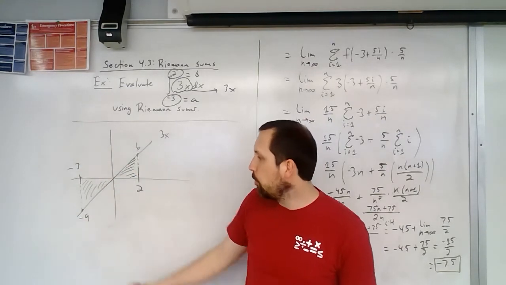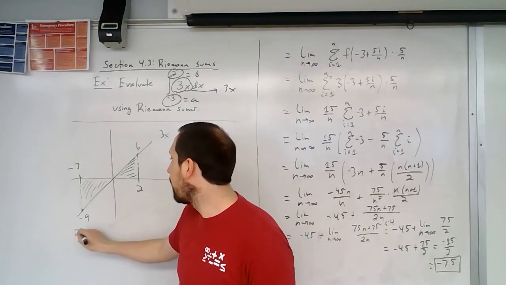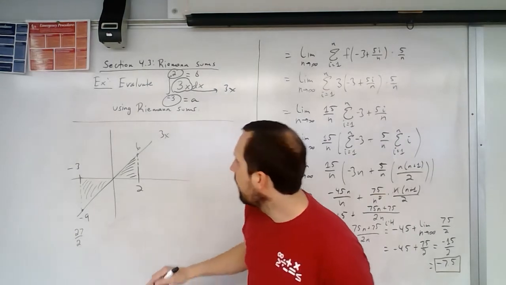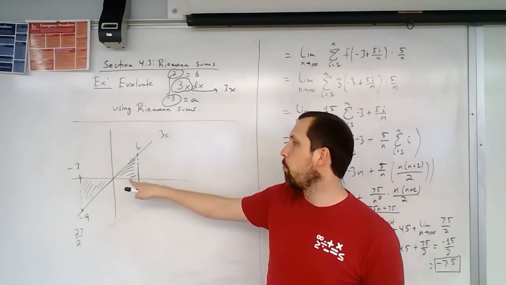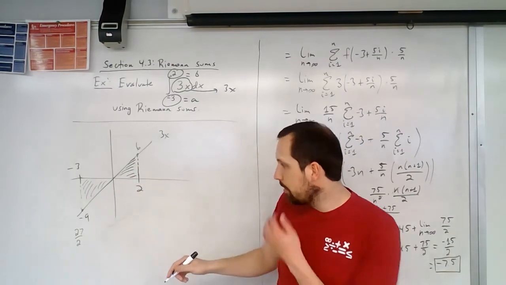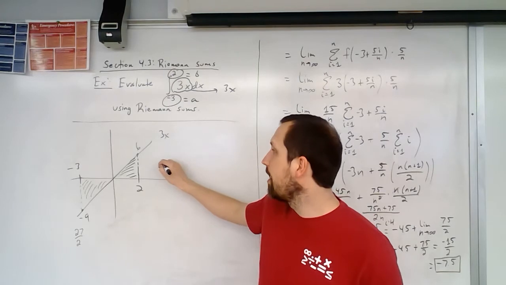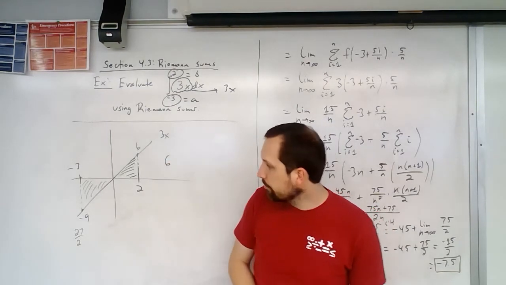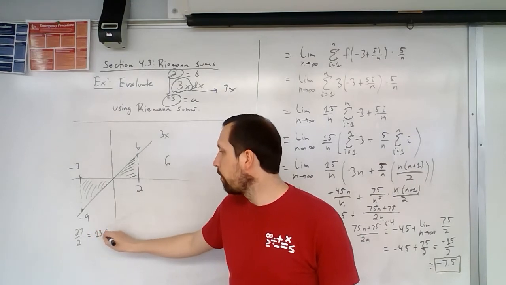I divide that by 2, and so I get 27 divided by 2. Here, if I take the area again, which is going to be 1/2 the base times the height, height is 6, this is 2, take 1/2 of that, I get 6. Now this number here is going to be 13.5.